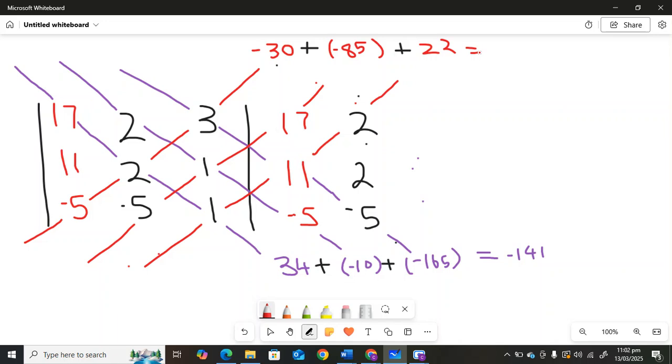So we add negative 30 plus negative 85. Confirm negative 115. Then negative 115 plus 22, and we get negative 93. Colleagues, are we all getting negative 93?